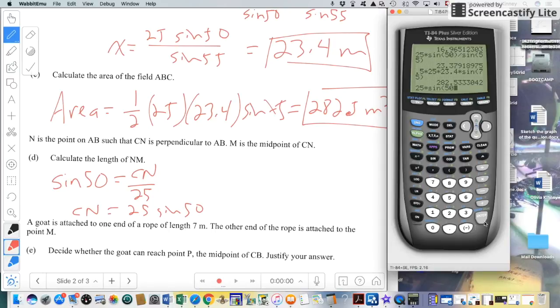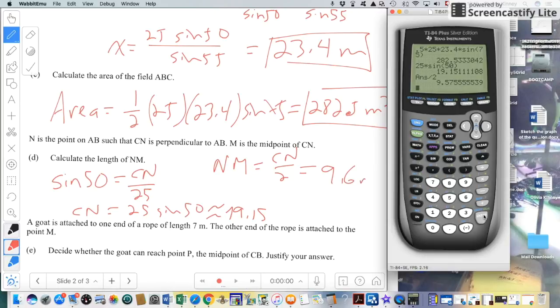My calculator tells me that that is 19.15, if you wish. And then we're going to divide that by 2 because NM is CN divided by 2. All right, so just divide that by 2. 9.6 approximately meters.